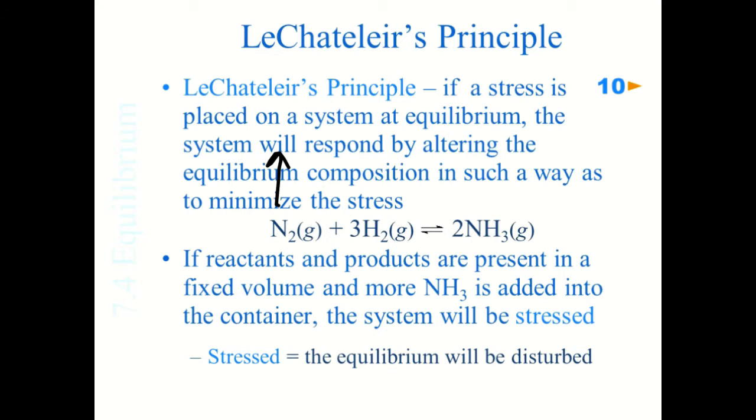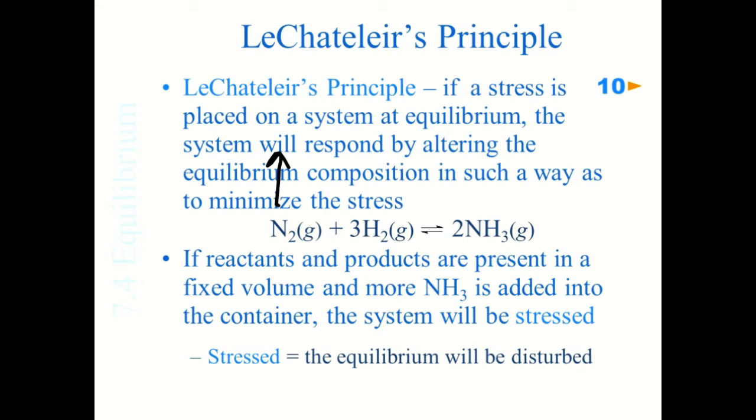It's going to have to bring the concentration of the N2 down, right? So it's going to have to react N2 with H2 to produce more NH3. And then it'll start doing that until, once again, it reaches an equilibrium. And then it's not stressed anymore. So I have to decrease the concentration of N2. That's what I have to do. I have to bring it back down, but this is how we say it.